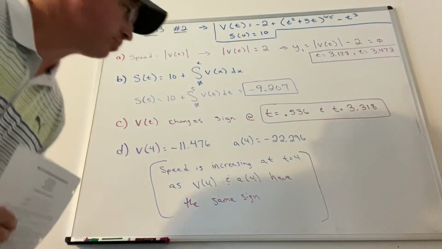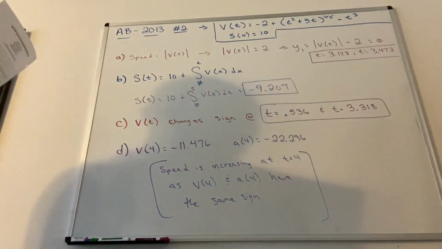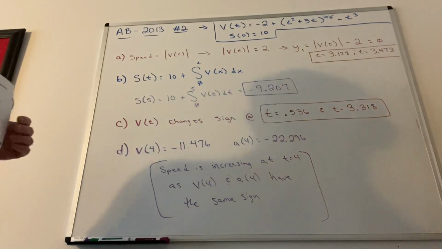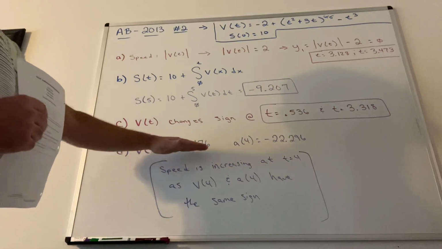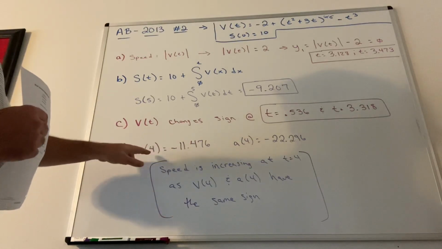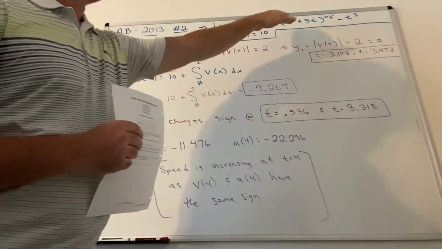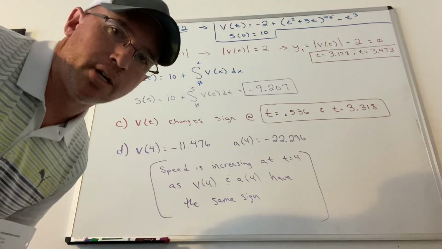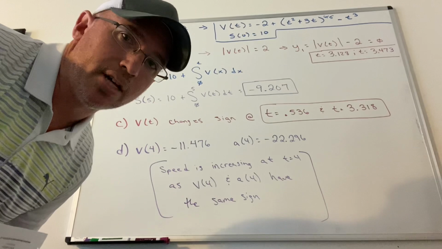All right. And then part D, is the speed of the particle increasing or decreasing at time 4? Well, the velocity at time 4 is this, and I just straight up plugged 4 into my velocity equation. And then from your home screen, you can differentiate velocity.